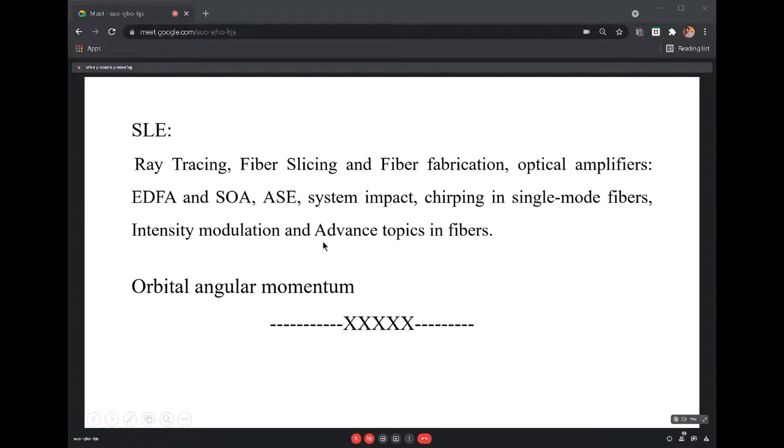Many of you covered these topics in your assignment.